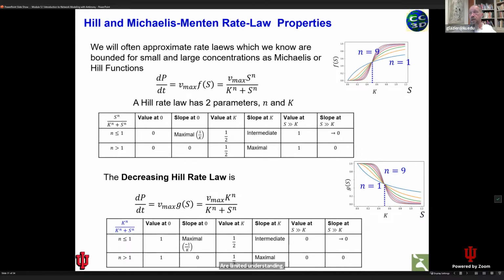If we believe that for concentration S of 0, the rate of reaction is 0, and we believe that for large values of S, the rate of reaction is 1, then we can constrain the shape of the reaction curve.